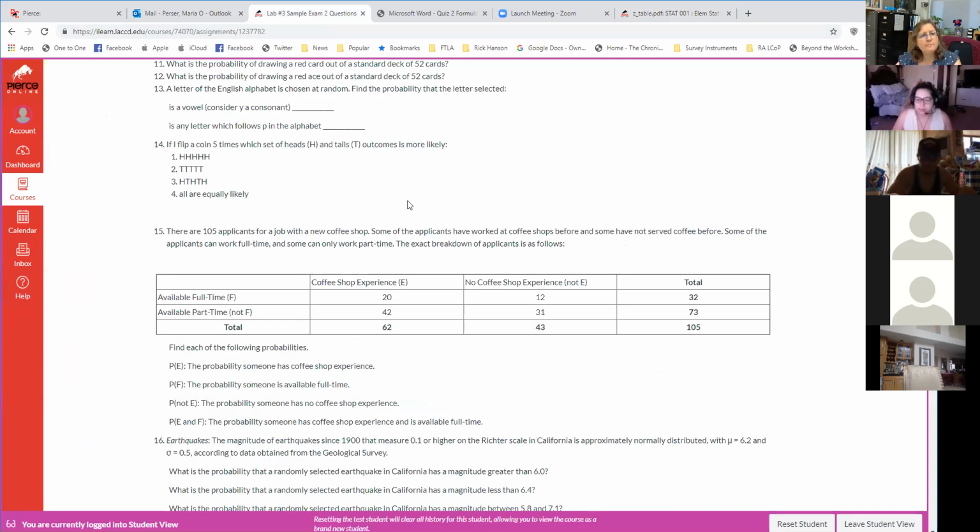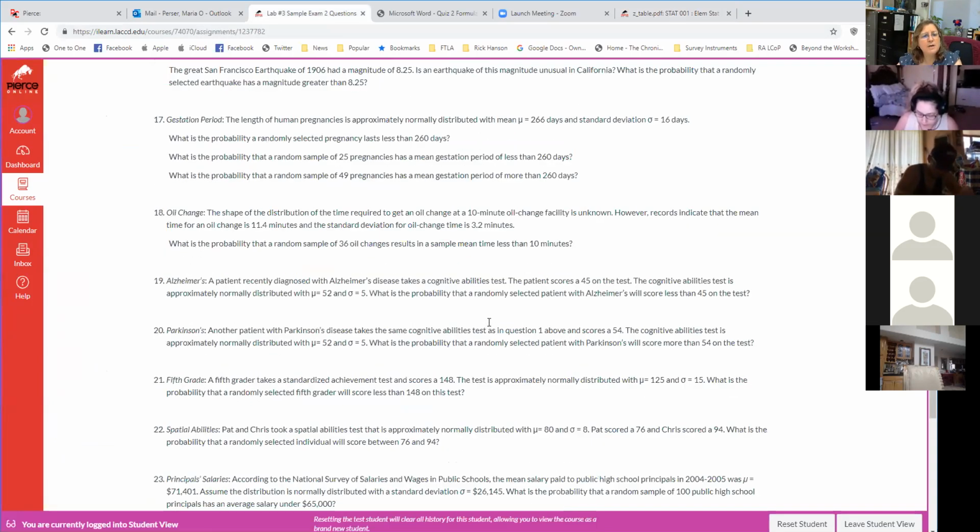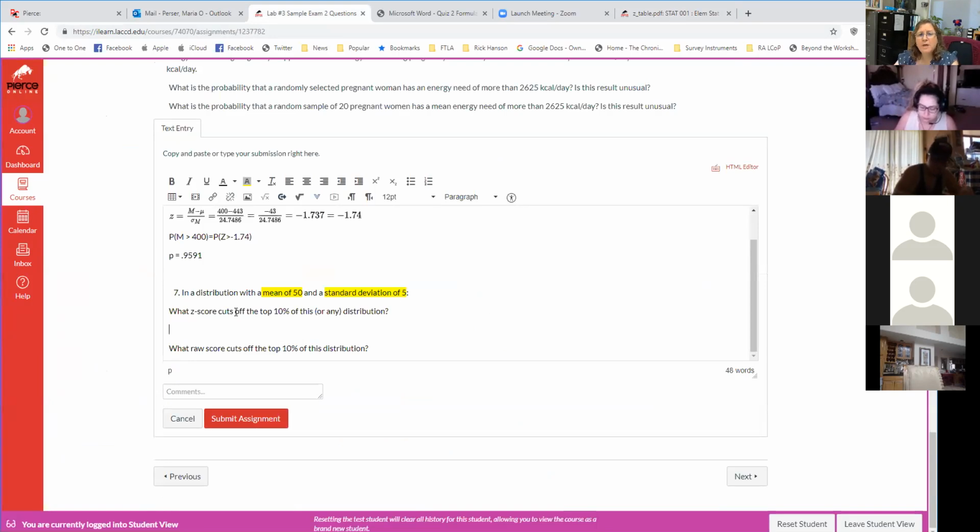Okay. So going back to where we were, we're looking at P. We're looking for the Z that cuts off. So let me write this out.